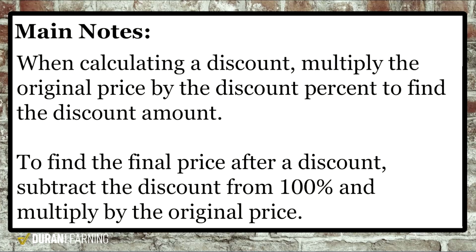So here's how that comes into play. Right over here, I'm going to highlight this in red. If you're trying to calculate the amount of the discount, you'll multiply by the discount percent. Remember, the percent that you apply and the result that you get on the other side of that formula, they represent the same thing.